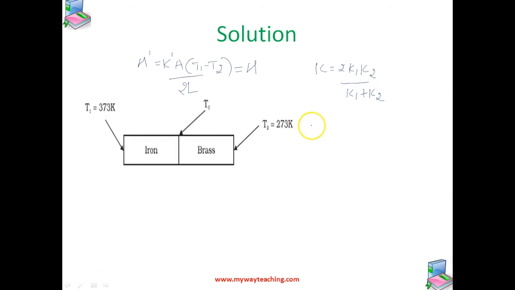And T0 is equal to K1 T1 plus K2 T2 over K1 plus K2, as we already found.